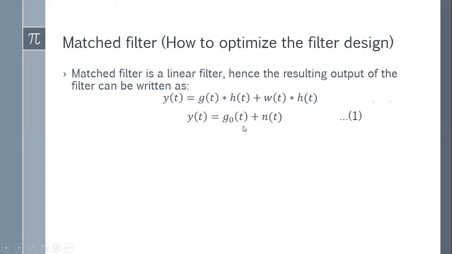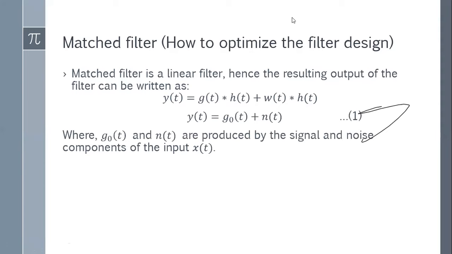So g naught of t is the signal component, and n of t is the noise component. So far you have understood this. Any questions so far?